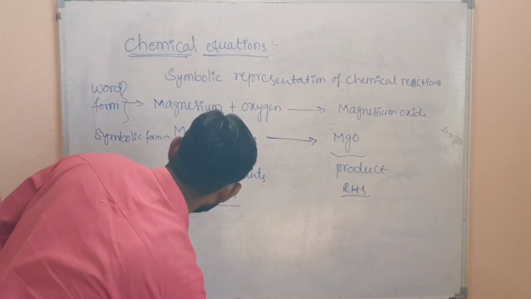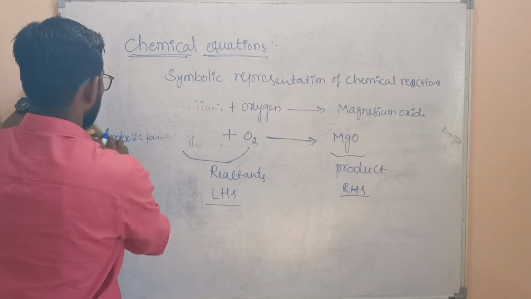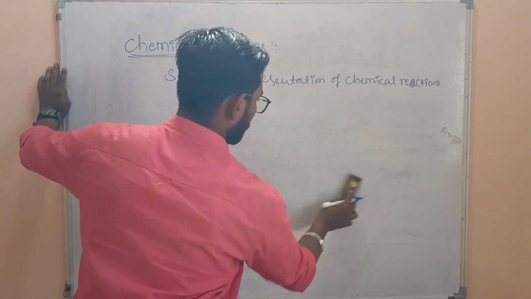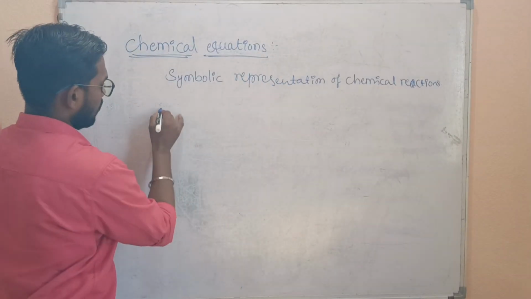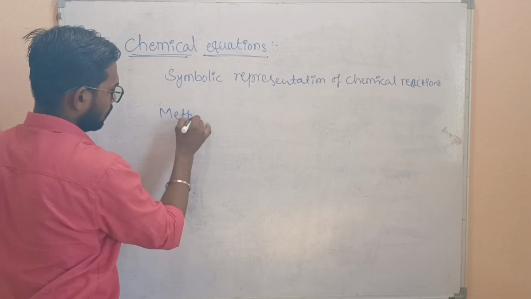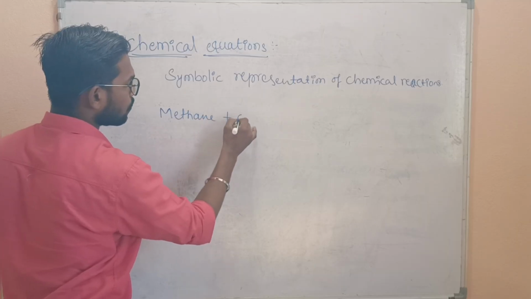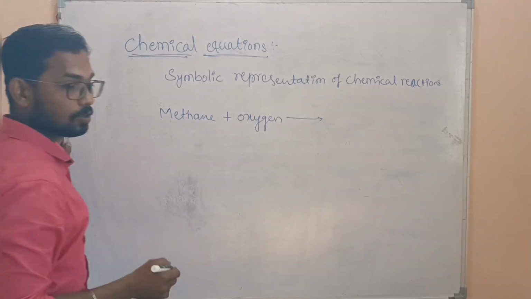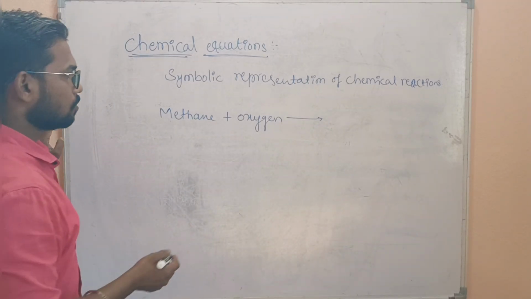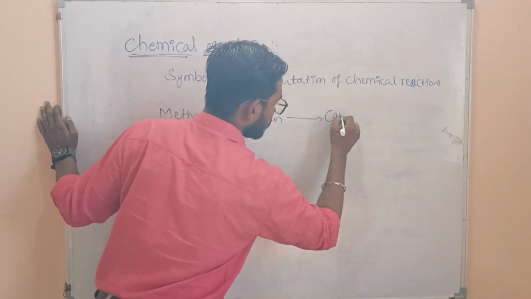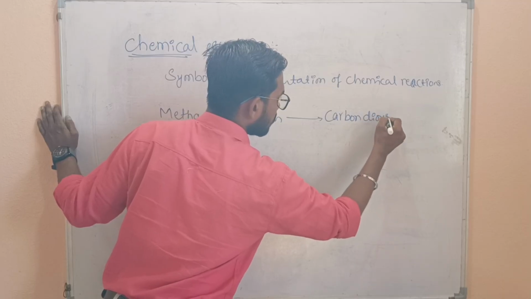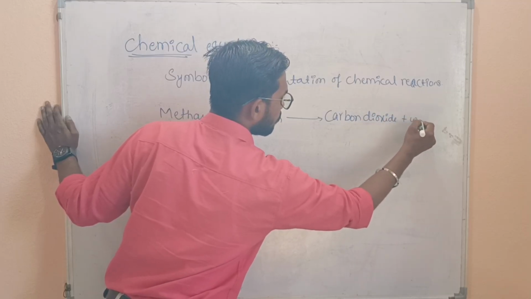Another example I am going to give you. See here, methane. Methane is going to react with oxygen, and what is it going to form? You are going to see that it forms carbon dioxide with water.